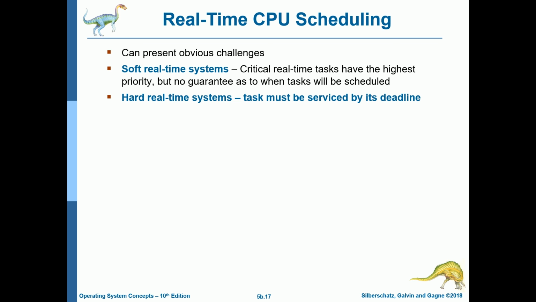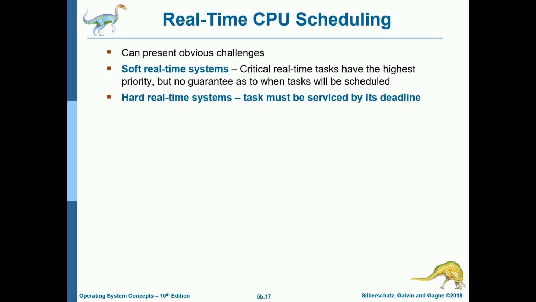Soft real-time systems provide no guarantee as to when a critical real-time process will be scheduled. They guarantee only that the process will be given preference over a non-critical process. Hard real-time systems have stricter requirements. A task must be serviced by its deadline. Service after the deadline has expired is the same as no service at all.